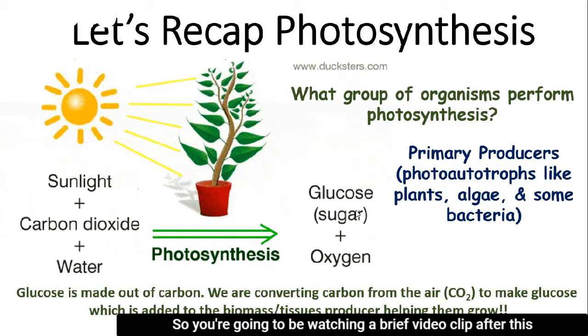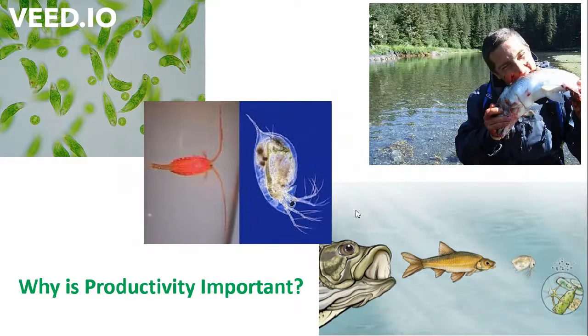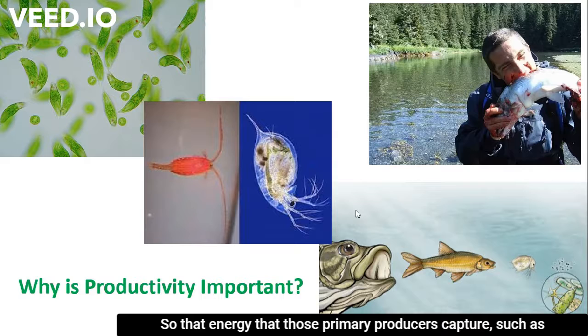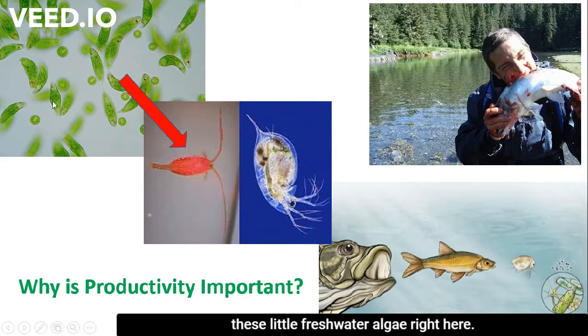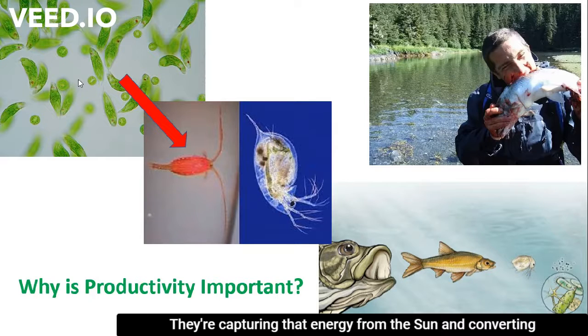So you're going to be watching a brief video clip after this lesson, looking at that process right there. It's really fascinating. So why is productivity important? Those primary producers, such as these little freshwater algae right here, are capturing that energy from the sun and converting it to chemical energy that's going to be stored within them.